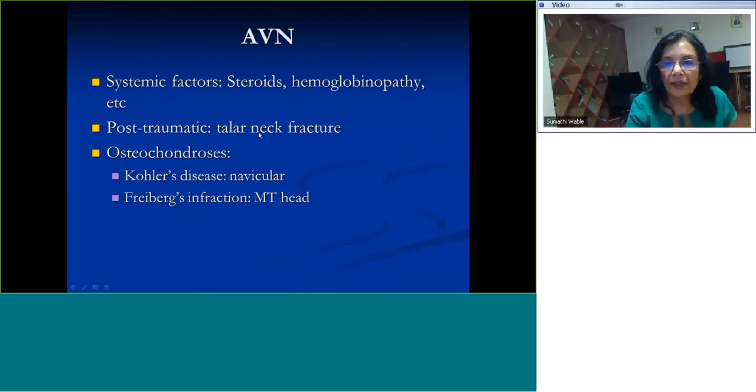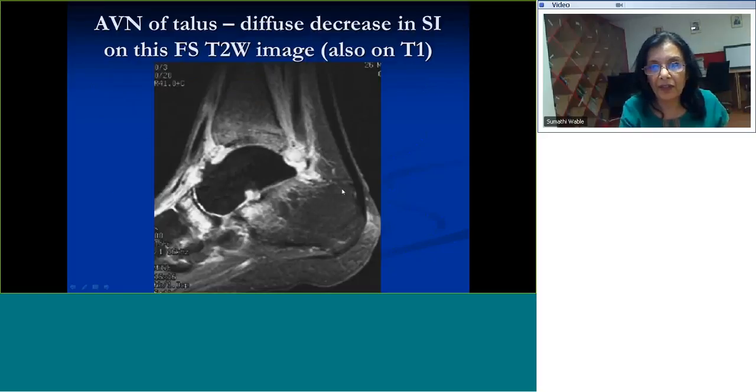As you know, the talar head is supplied by tenuous branches from the peroneal and dorsalis pedis artery. Therefore, when the talar neck fracture is displaced, the talar head tends to get avascular necrosis. And other bones that typically have AVN are the navicular and metatarsal heads.